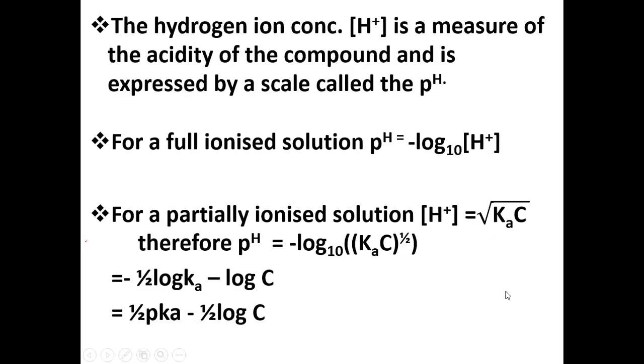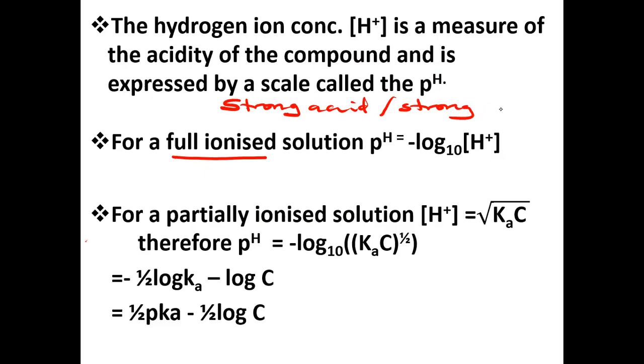So moving on, we should take note that hydrogen ion concentration is simply a measure of the acidity of a compound and is expressed by what we call the pH scale, which most of us are conversant with. Also take note that when we mention something like a fully ionized solution, we are talking about a solution of a strong acid or a strong base.